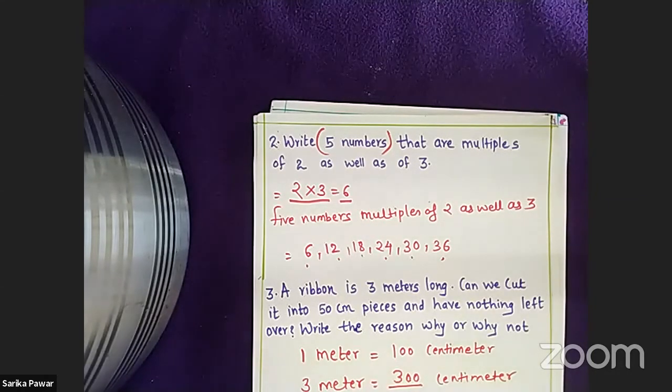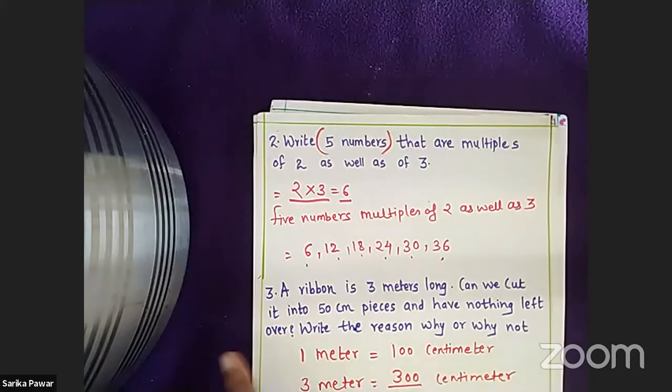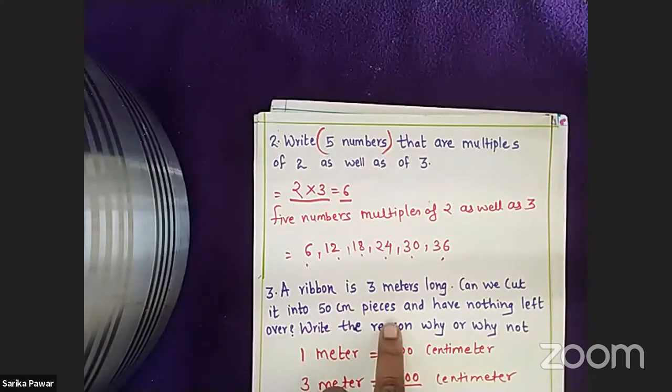Very good, Palak. So a ribbon 3 meters long means 300 centimeters. Can we cut it into 50 centimeter pieces? Yes. Now we have to find out how many pieces we will make.